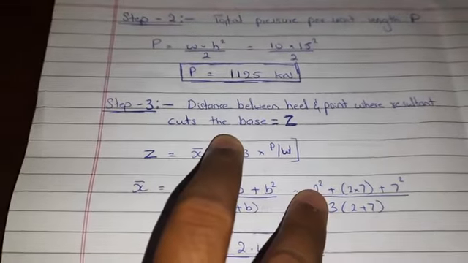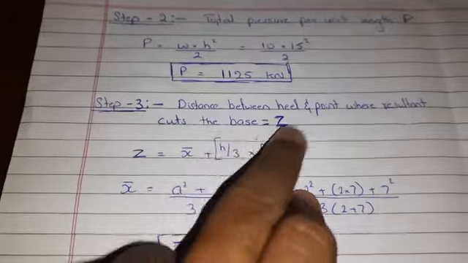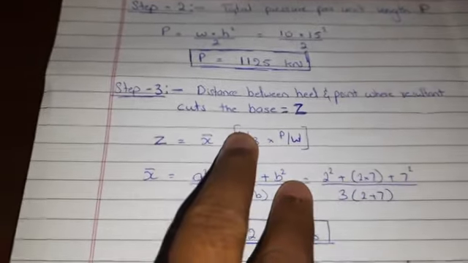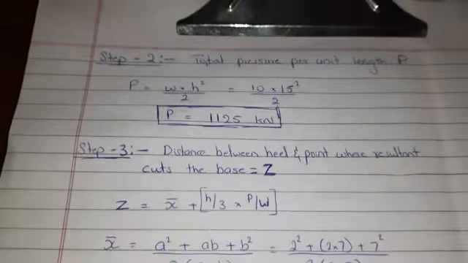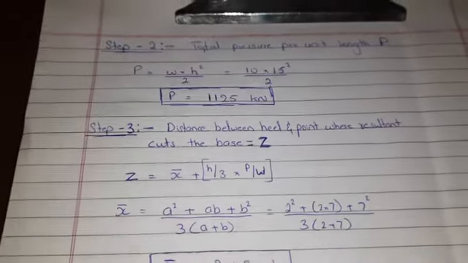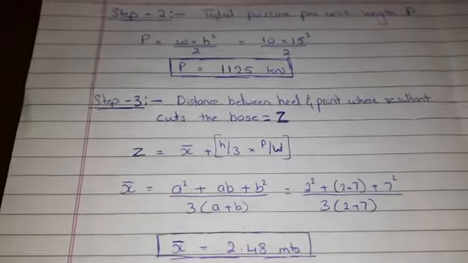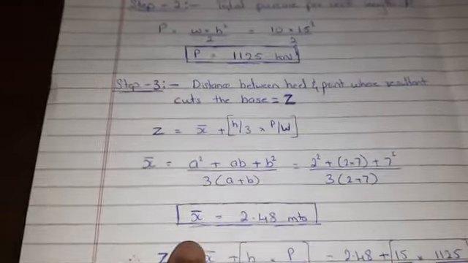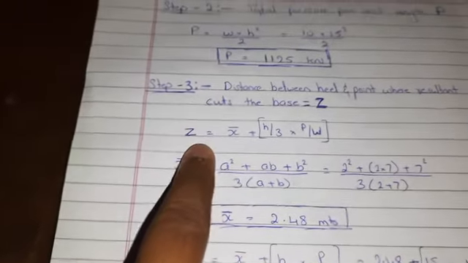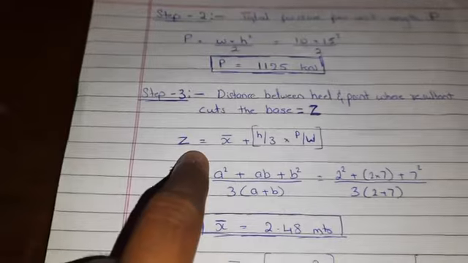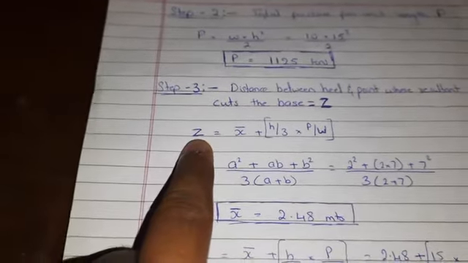For stability of the dam, remember that the resultant should be within the middle third, B by 3, or at least within the base of the dam. It should not cross the base of the dam for stability purposes. So in this problem we determine the distance where the resultant cuts the base, which is given by Z.